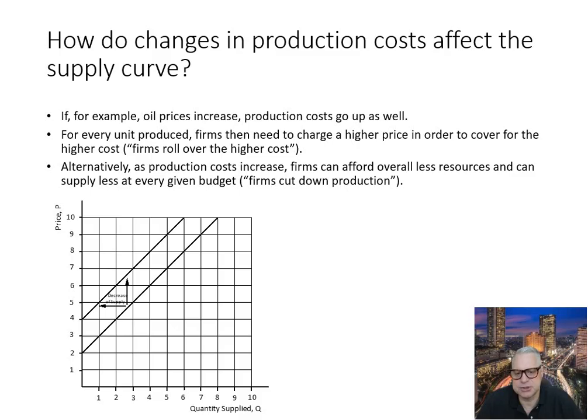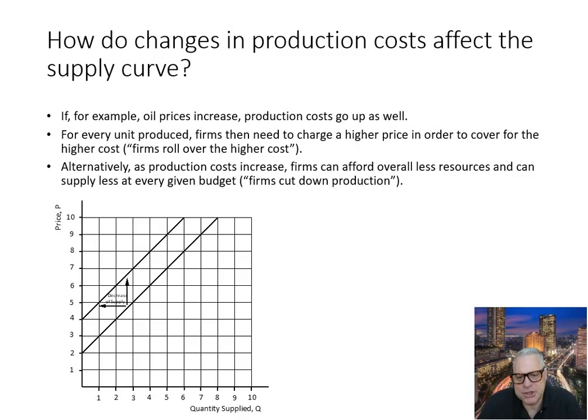So let's say this is the supply function. If the price is 6, quantity supplied will be 4, but then the total revenue is 6 times 4, which is 24. So total revenue is 24.